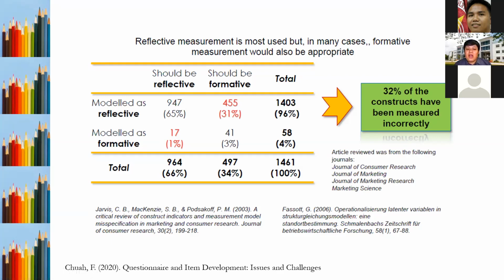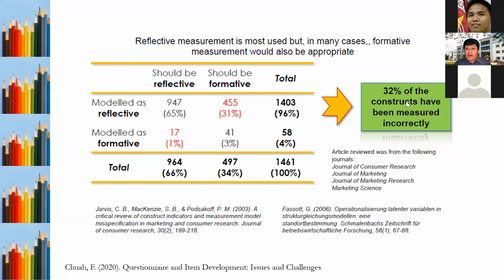This means they measured a reflective construct where in fact it should be a formative construct, and on the other hand, they modeled it as formative where in fact it should be a reflective construct. If you identify your constructs incorrectly, what would you expect with your results and conclusions? So that's the importance of identifying your constructs.